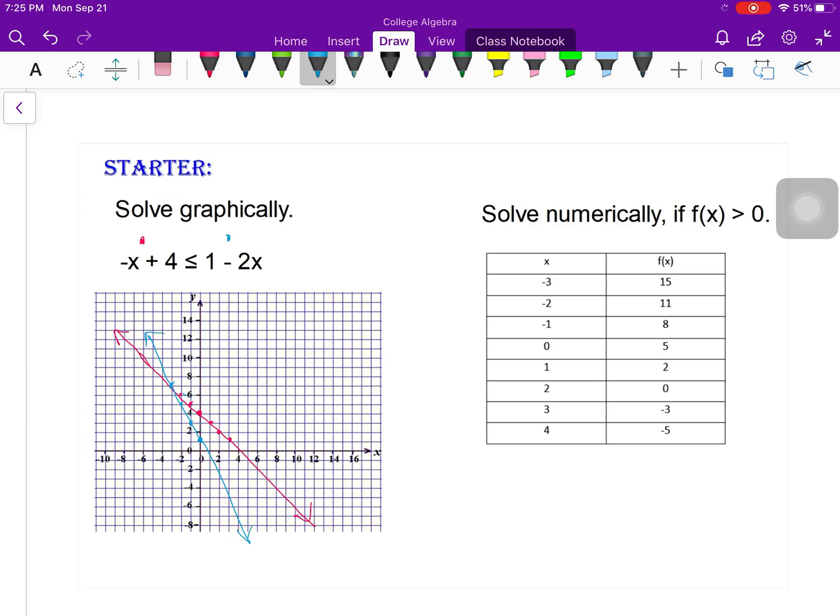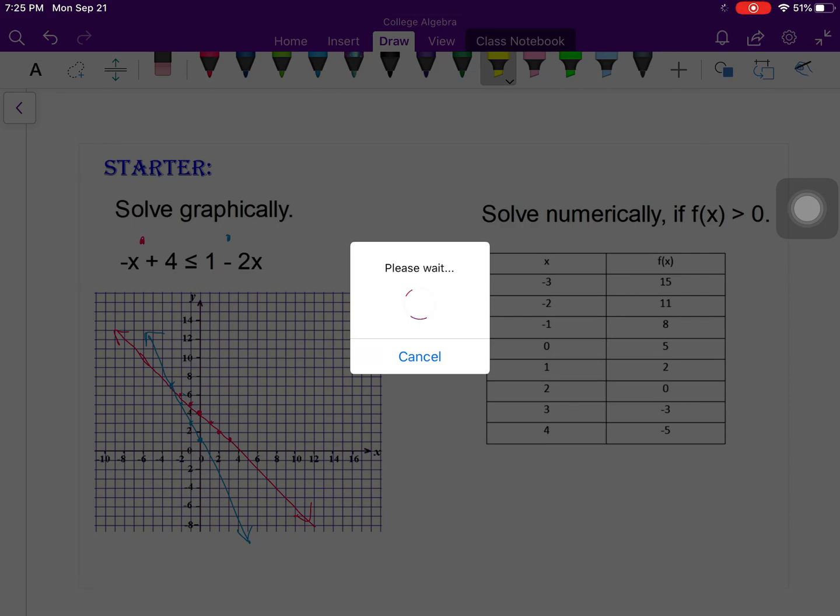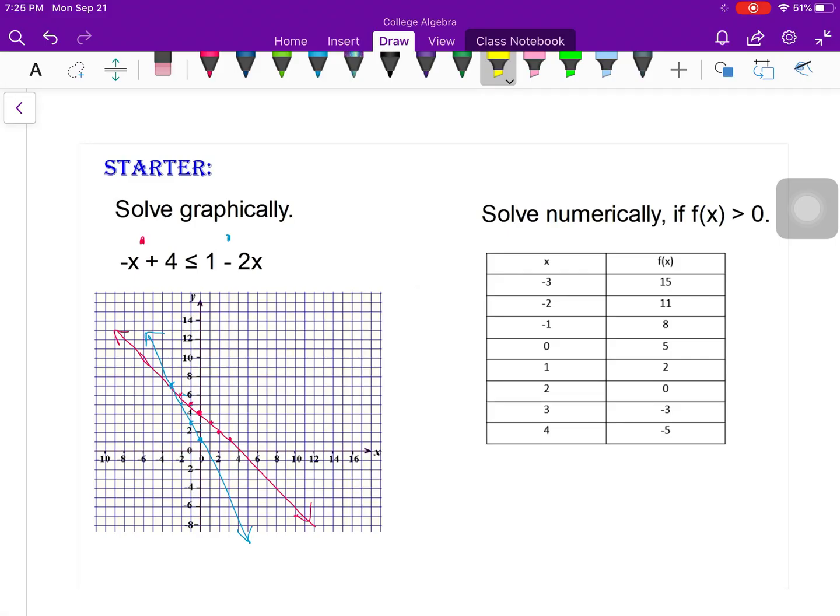So then it says where is the red graph smaller than the blue graph?